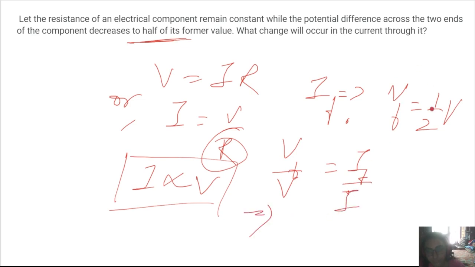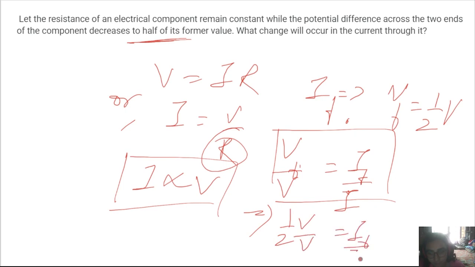Keeping the resistance constant, we can divide the potential differences and the currents. So VF is half V divided by V, IF by I. So IF is equal to I by 2.